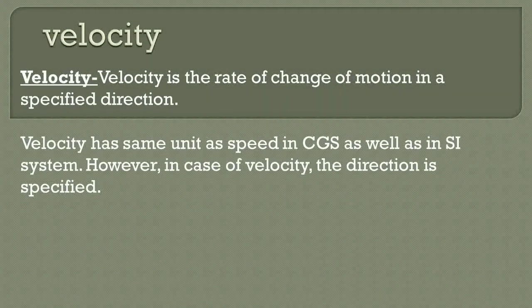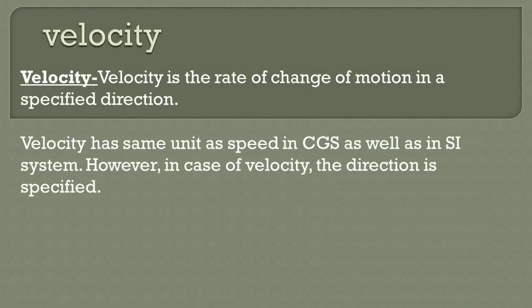In the simplest way we can say that the velocity is the speed only but in a particular direction. That means here, along with the magnitude or the numerical value, the direction is also needed. Suppose I am saying that a car is moving with the speed of 30 km per hour. That means speed is given.